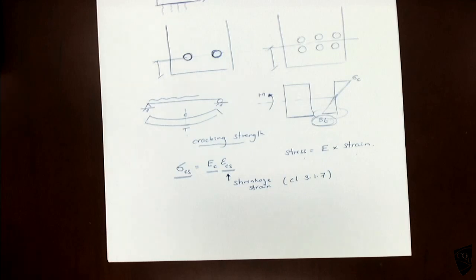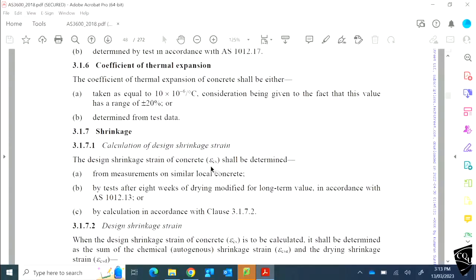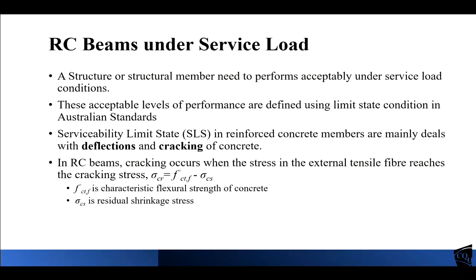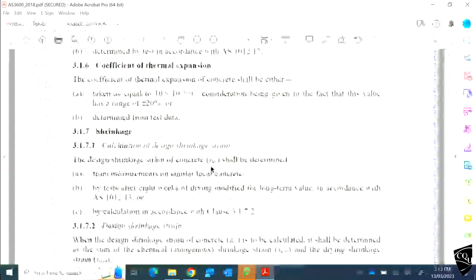So the cracking occurs when the stress equals the cracking strength. This one, the flexural strength, you can directly read from the standard. The next one is the shrinkage stress, which is equal to E, the elastic modulus, that can be obtained here.